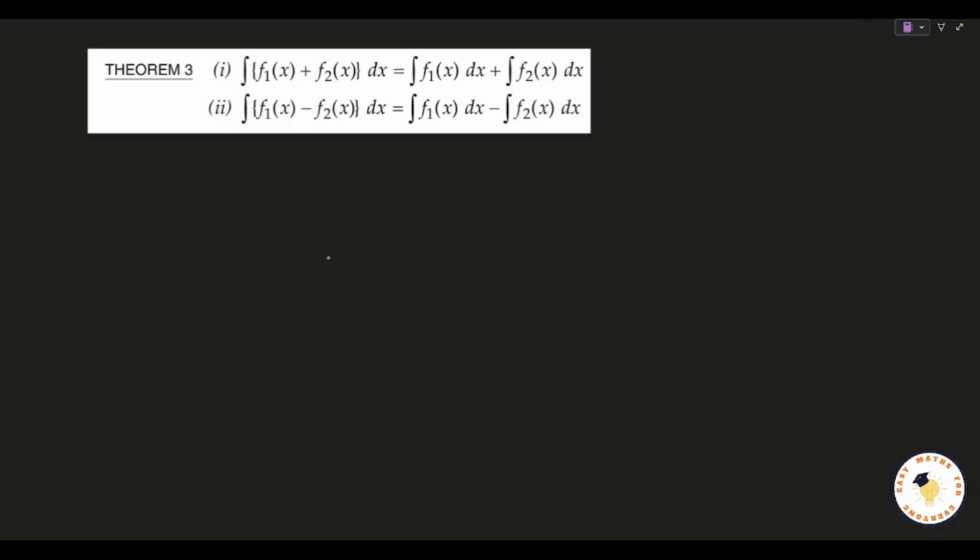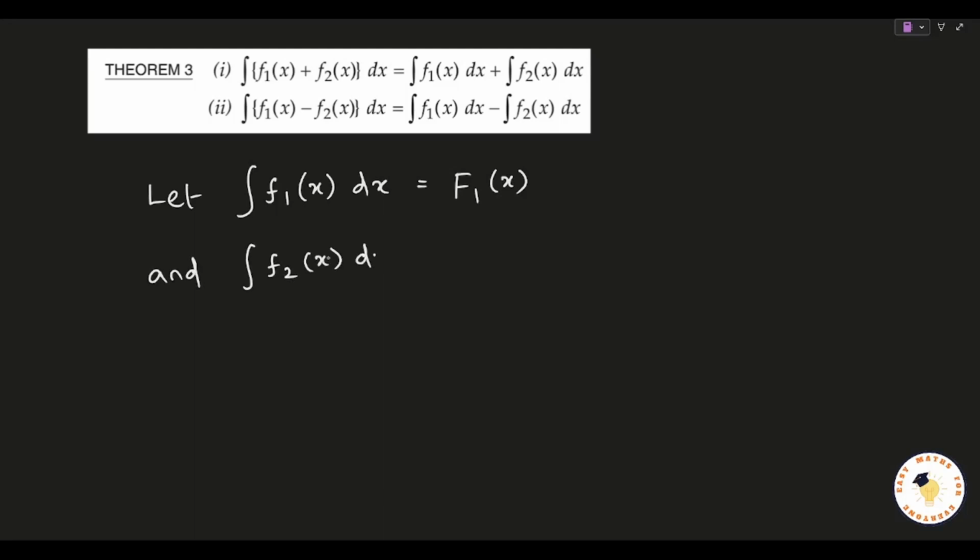Like we have taken in the previous theorems, here also we are going to take integral f1 of x dx equal to capital F1 of x and integral f2 of x dx equal to capital F2 of x.